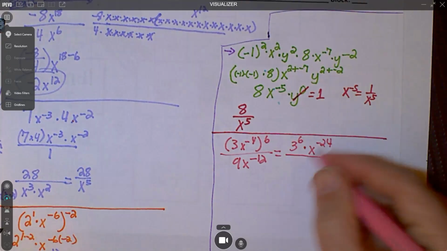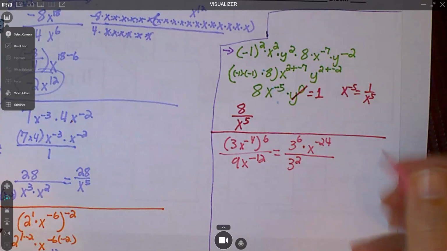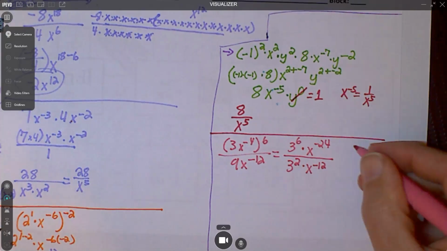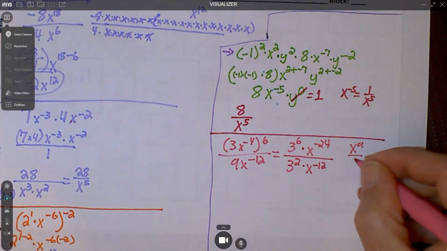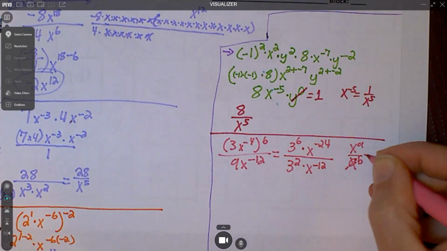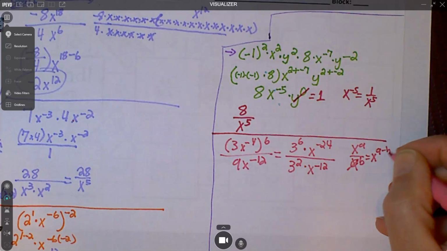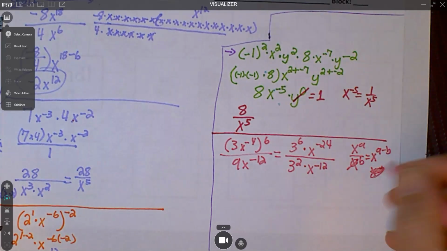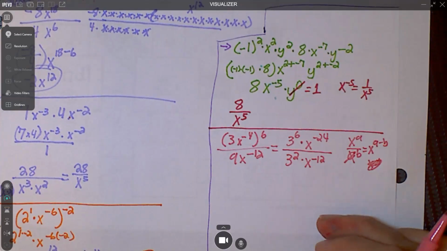Another way to write 9 is 3 squared. So if you have x to the a over x to the b, it's x to the a minus b. So that's the law we're going to be doing.